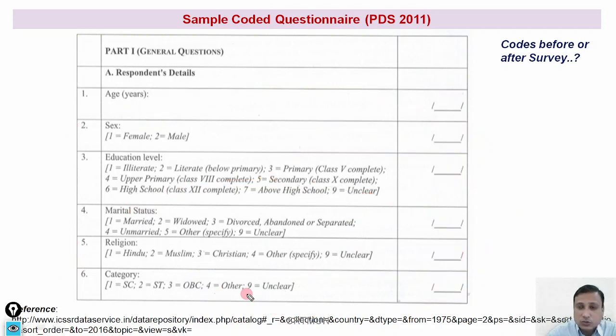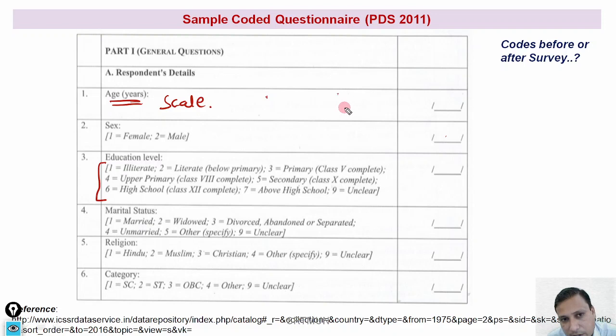Now here is one important question: whether we should assign codes before the survey or after the survey. In my opinion, before going into the field, you should assign your codes in your interview schedule or questionnaire, and then go into the field, because it becomes easy for us to assign the codes. Now when we are collecting data on a scale, we cannot assign codes here. Many times I observe that in many researches, they categorize the age data.